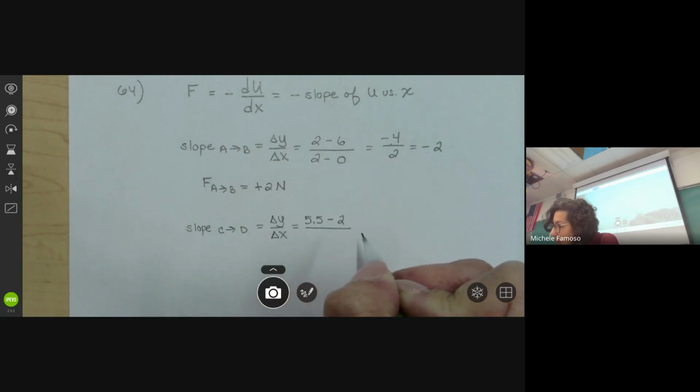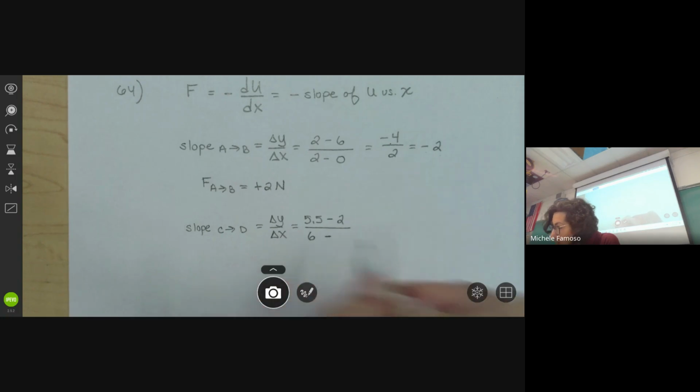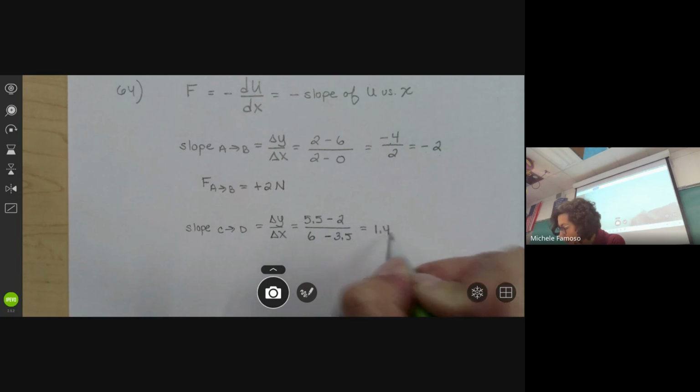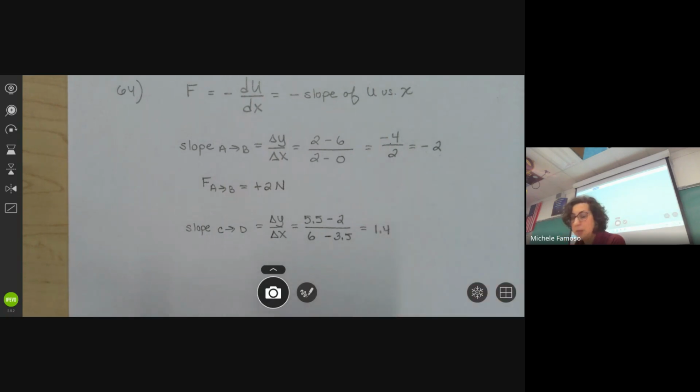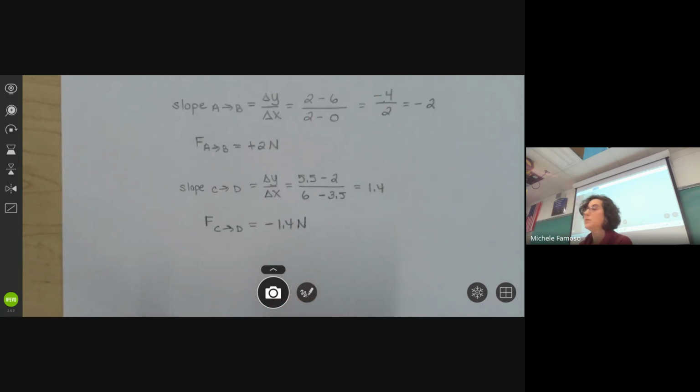The X value ends at 6 meters, and I said it starts at roughly 3.5. So if I work out that slope, I get about 1.4, which means that the force from C to D is a constant negative 1.4 newtons.